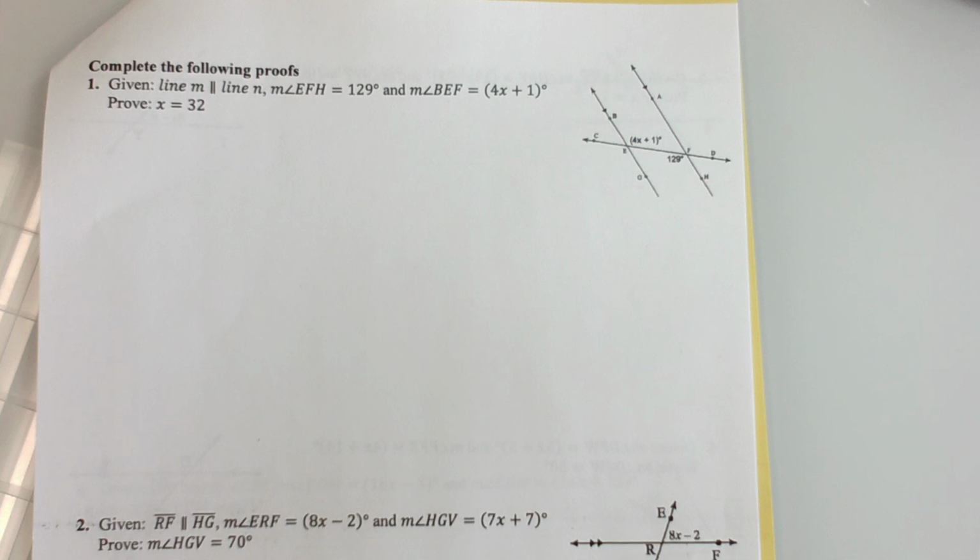So we are on page 11 of our notes packet. We've got our postulate sheets, because those postulate sheets are going to give me kind of where I can go with my known theorems.